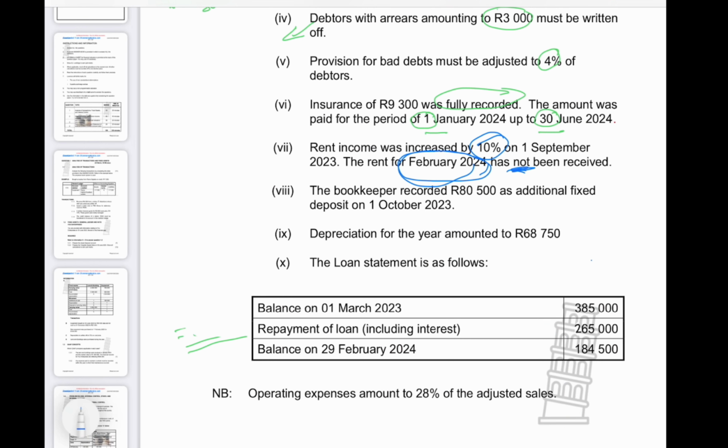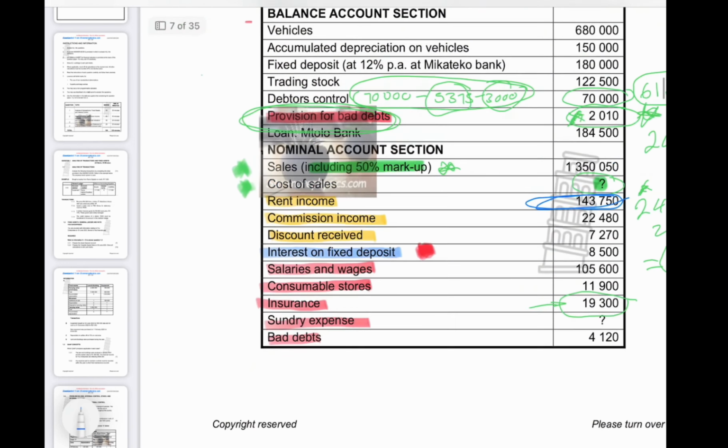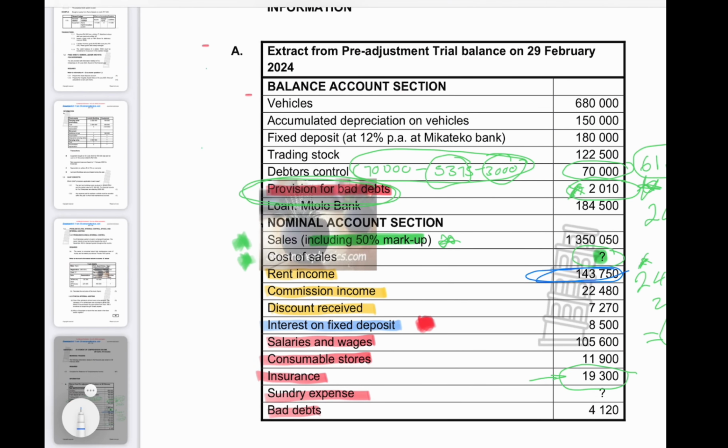Okay, so what we are actually looking for here is the interest, because we are doing the income statement. If you go and look in your trial balance, you will see that you have a fixed deposit of 180,000 and you also have the interest on fixed deposit of 8,500.